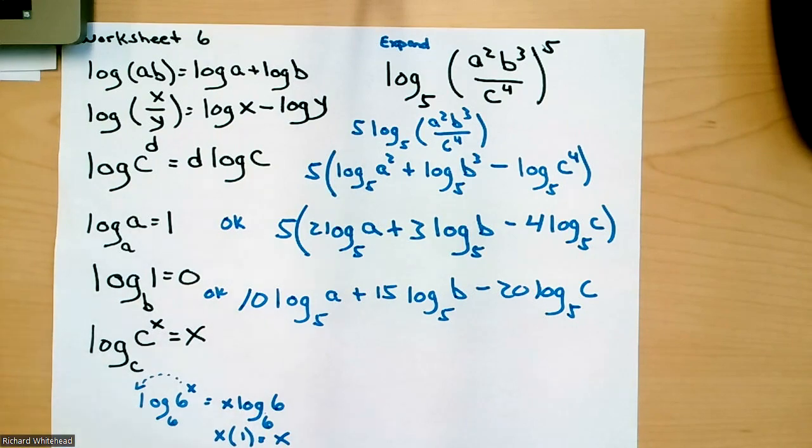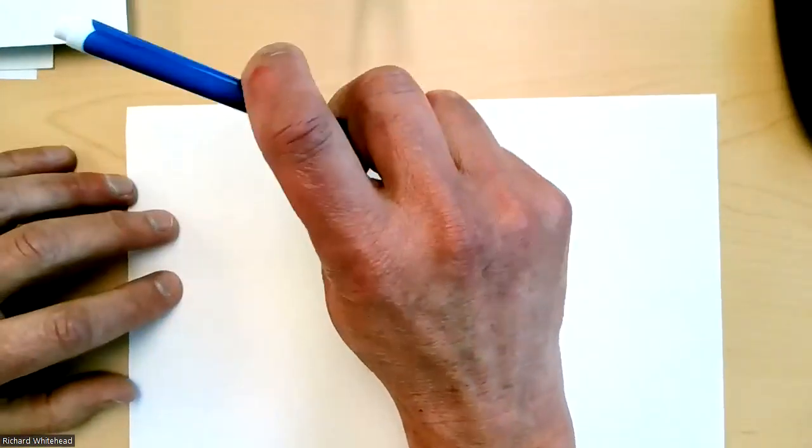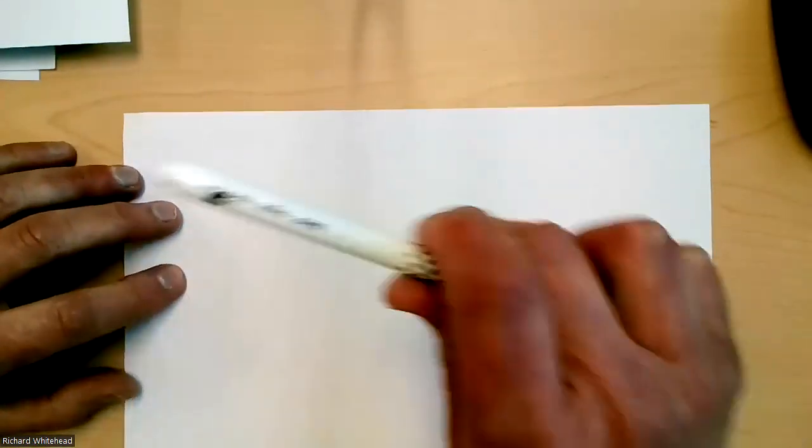Then we're going to have to do what we call condensing. So if we gave you something, let's just come up with a crazy one here, something really annoying.